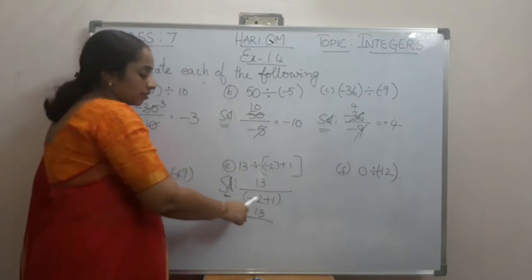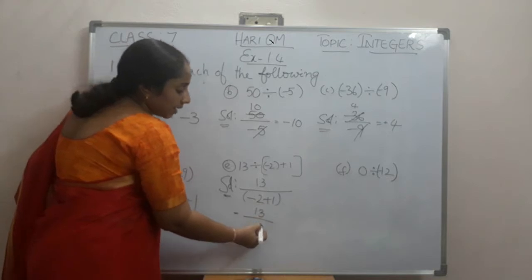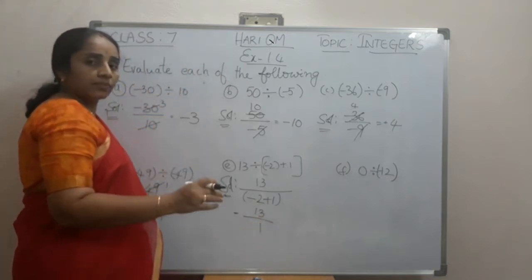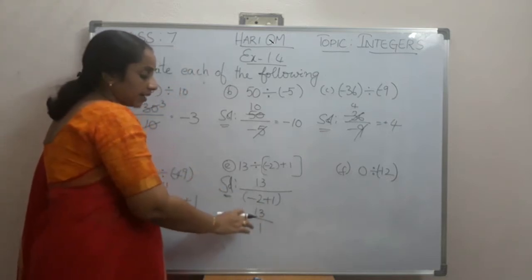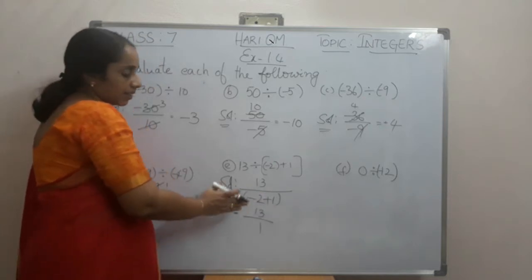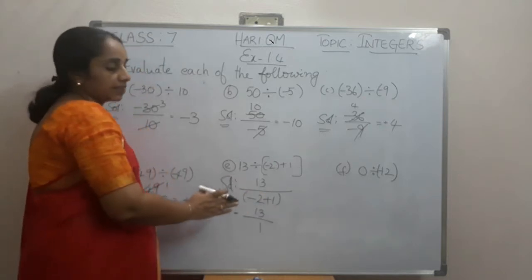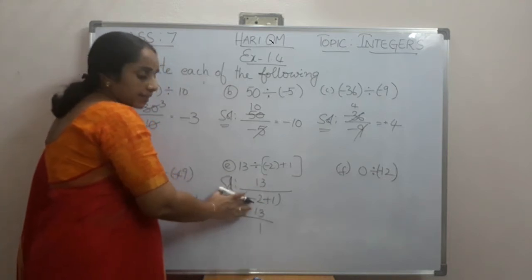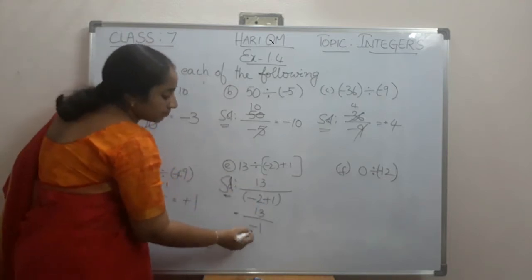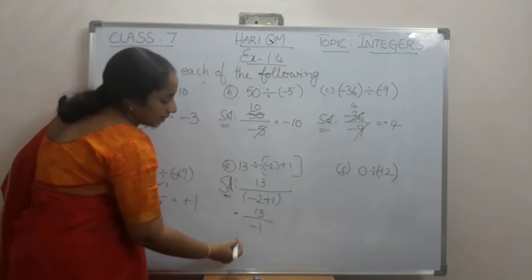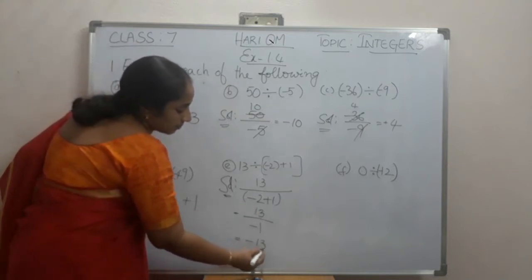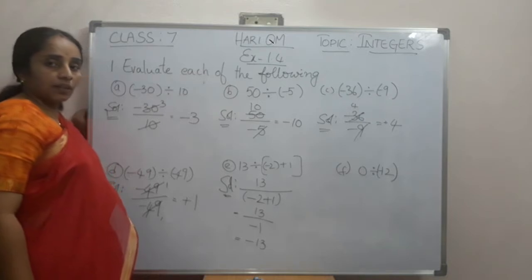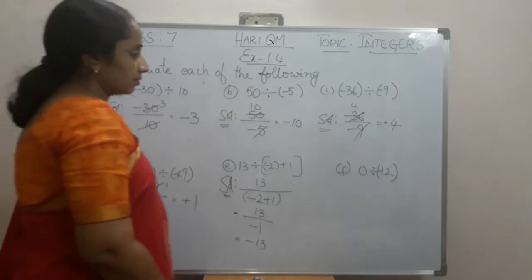By subtracting 1 from 2 you will get 1. And finally for the result we put the sign of the greater one, regardless of its sign. Here the greater one is 2 and its sign is minus, so it is minus 1. 13 by minus 1 is minus 13. Okay. Next.